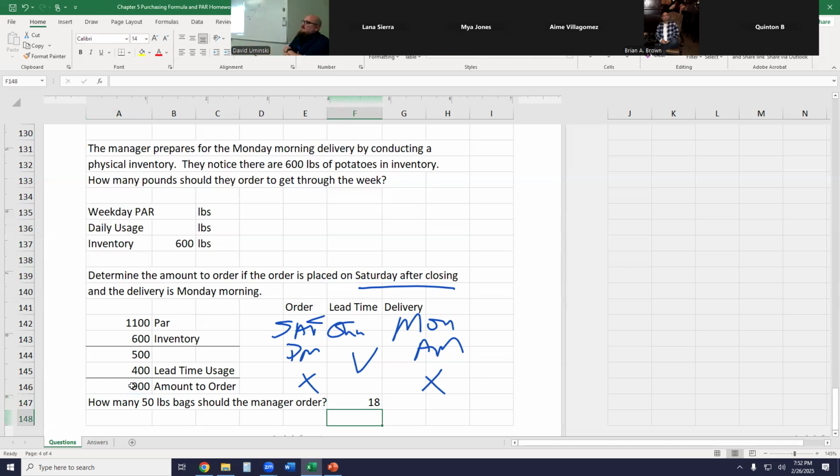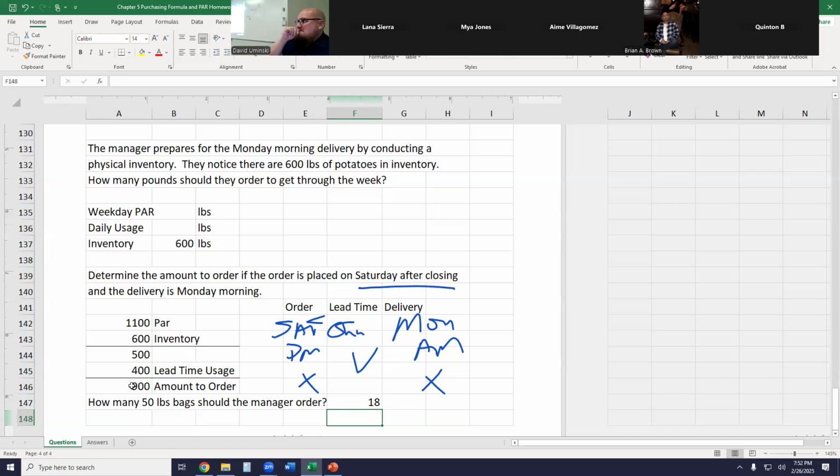Okay. Now, most oftentimes, especially if you work for a corporation like McDonald's or Dunkin' Donuts or Starbucks, they have a computer system. You just put in what your inventory is, and the computer system will tell you how much to order.